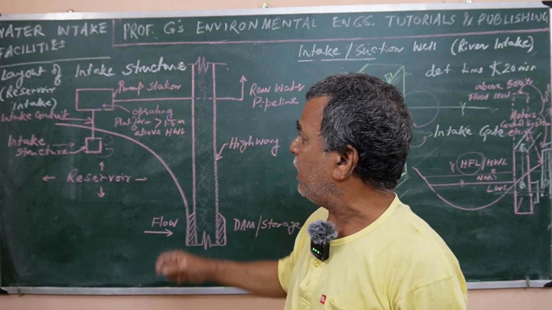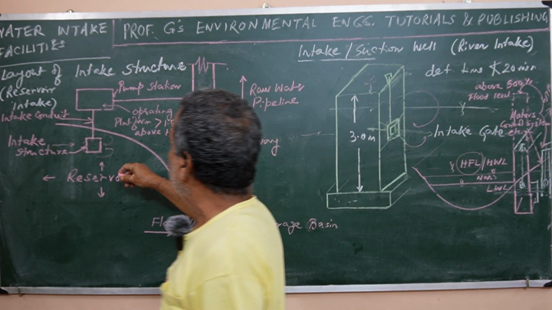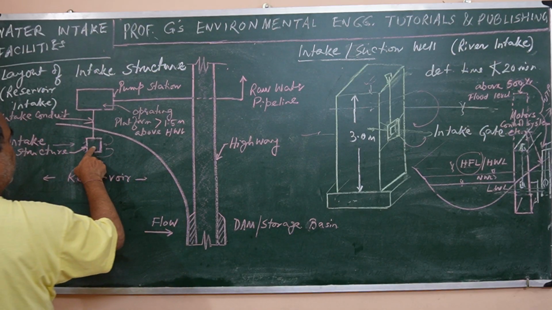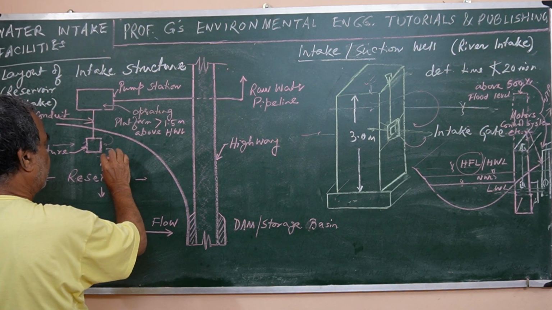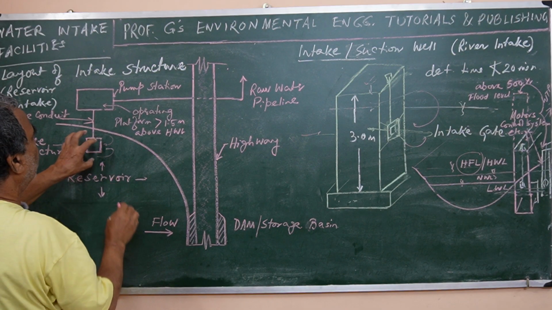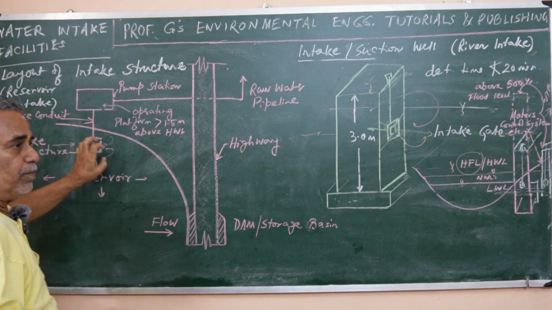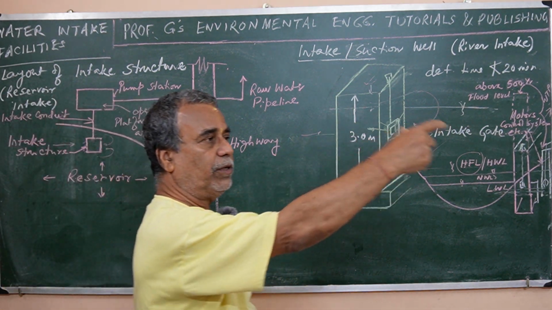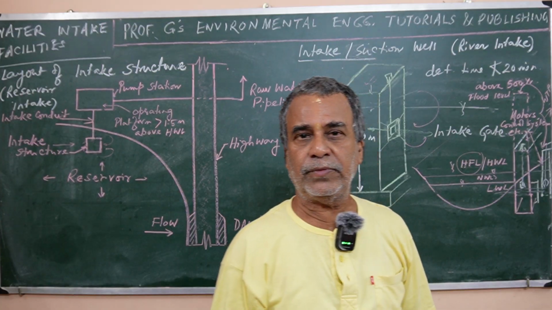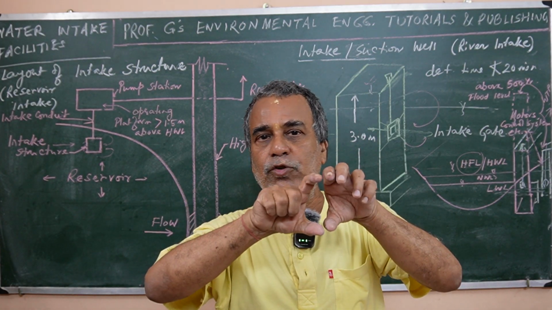Sometimes it goes directly by gravity. When this is the intake structure, optionally there is only a strainer in the river, with a pipe. Of course, the pipe has to be supported or propped against structural collapse, so that the pipe should not be broken.